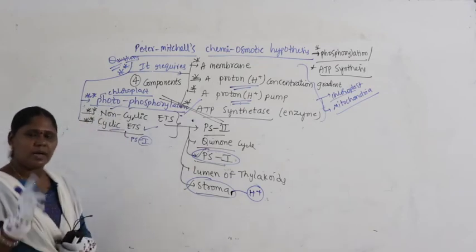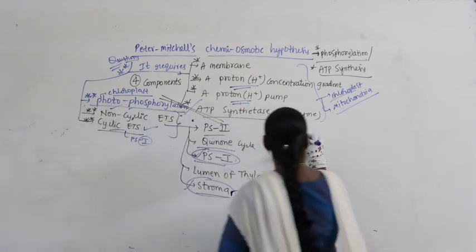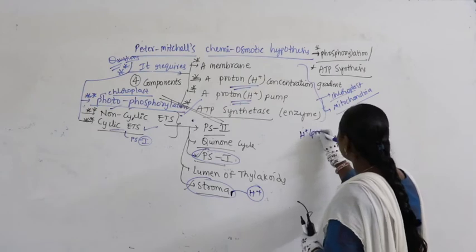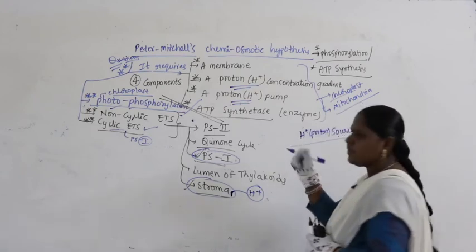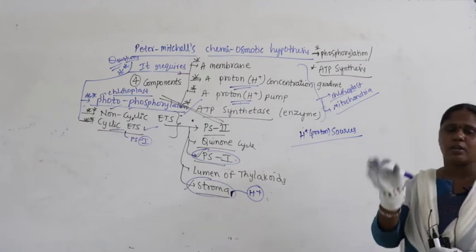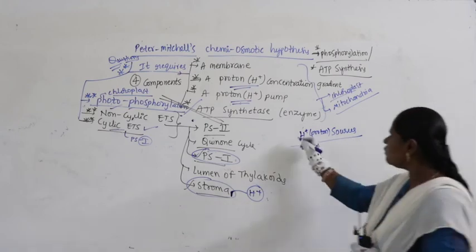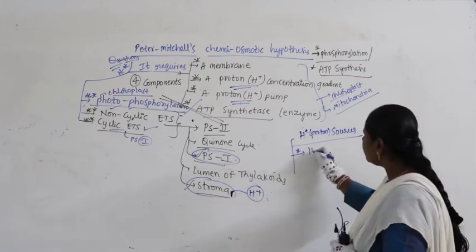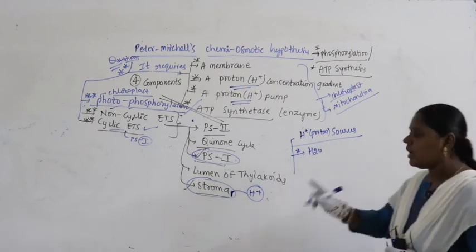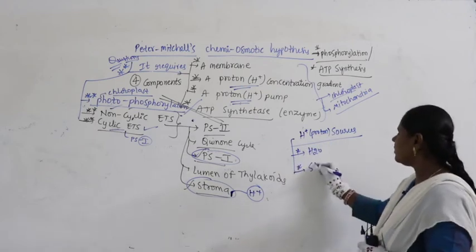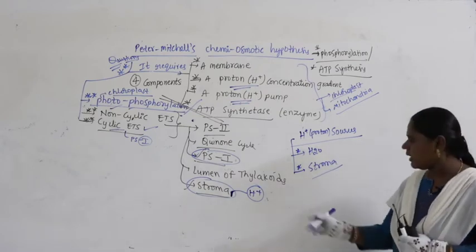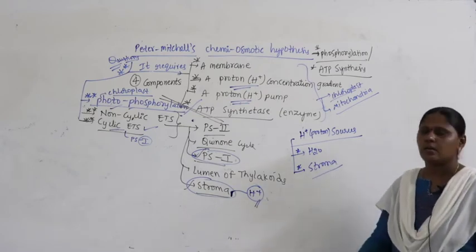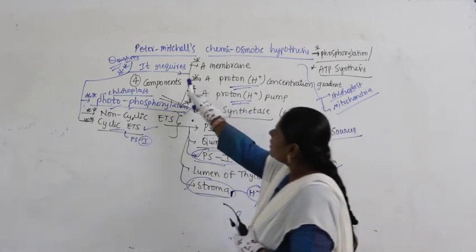Proton contributors, we have two. When the question is about proton sources, meaning from where we get protons, we have two sources. One is water, that is the splitting of water; the other one is stroma. If stroma is not there, how do we get protons?